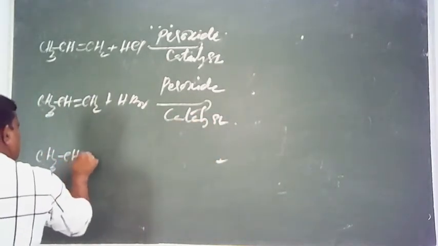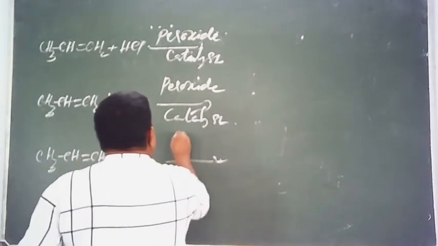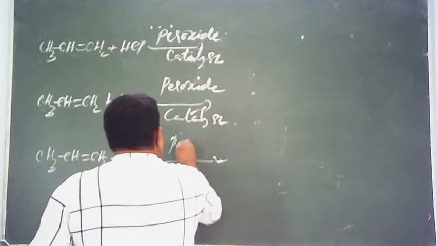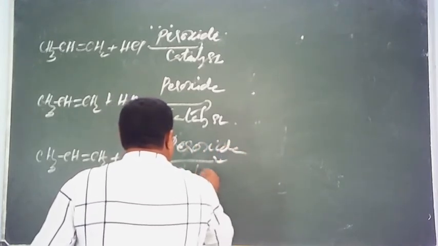CH3 CH double bond CH2, HI, peroxide catalyst.